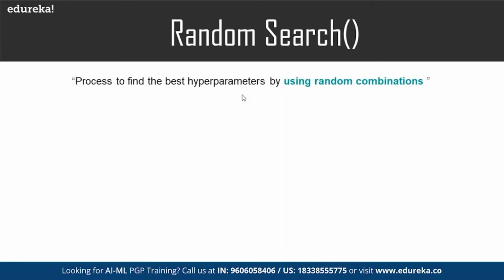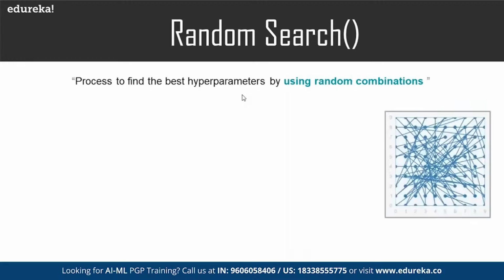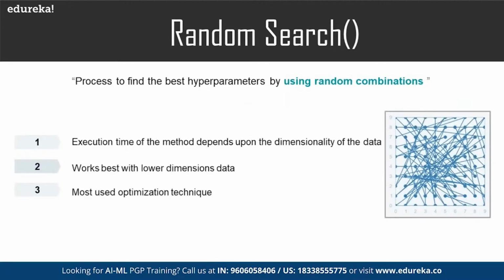Instead of manually searching, the system itself chooses random combinations of such parameters on its own. In the diagram, it randomly takes the data distributions and the right parameters for training the model and evaluating the model.